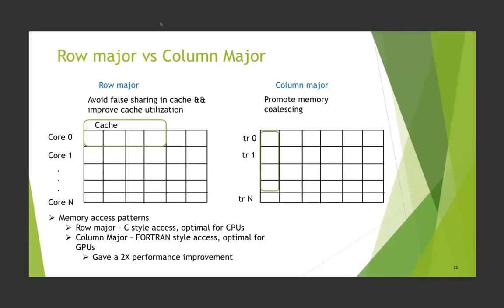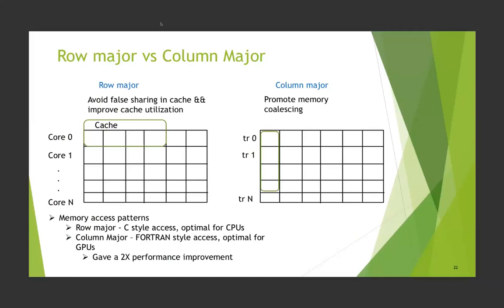So one major difference between GPU and CPU programming is the way the data is accessed. On a CPU, you want the data to be laid out in a row major fashion so that we avoid false sharing in caches. For example, on the left side, let's say we have a matrix and we distribute different rows across different cores for working.